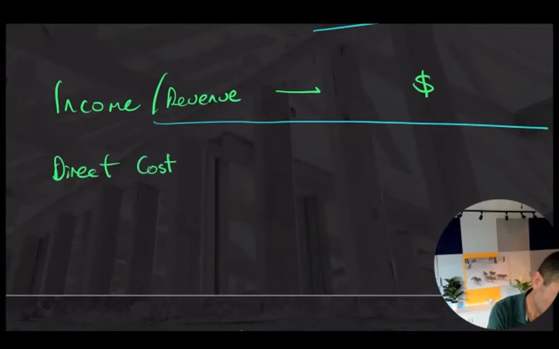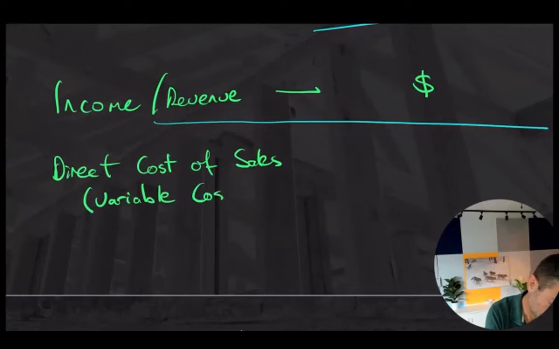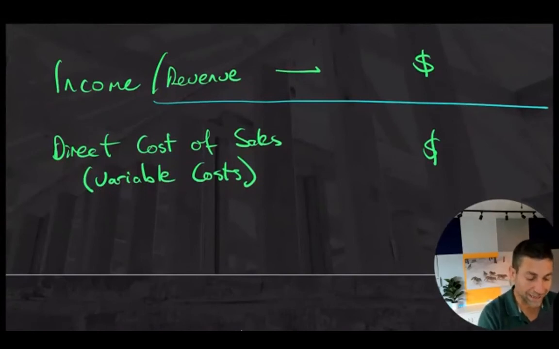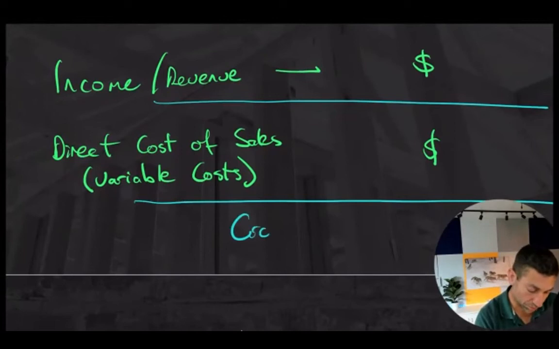Direct costs, cost of sales, also known as variable costs or cost of goods sold. Right? They go over here. You subtract one from the other to give you your gross profit.